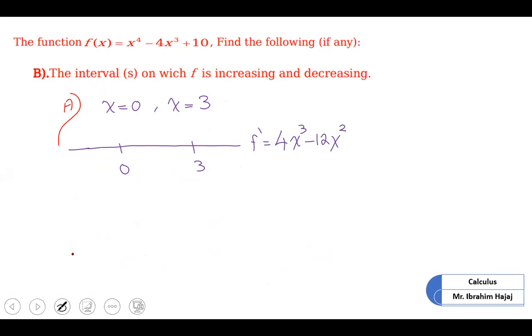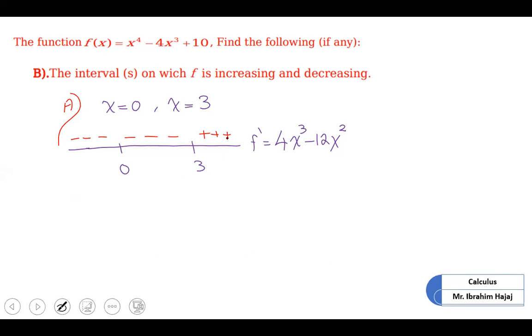Substituting -1 gives -4 minus 12, which is negative. Substituting any value between 0 and 3, like 1, gives 4 minus 12, which is negative. And substituting any value greater than 3, like 4, gives a positive.